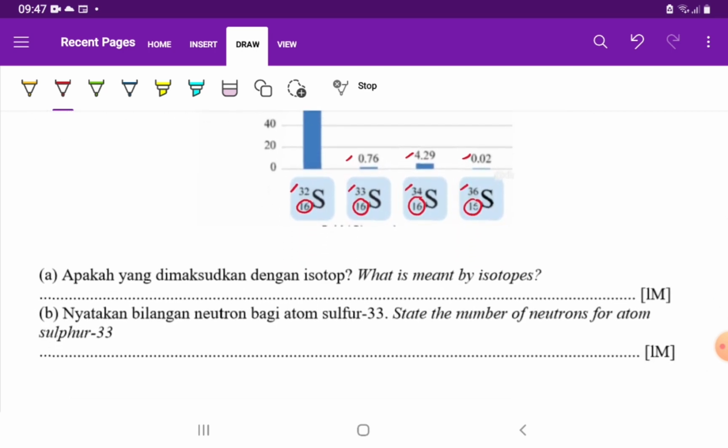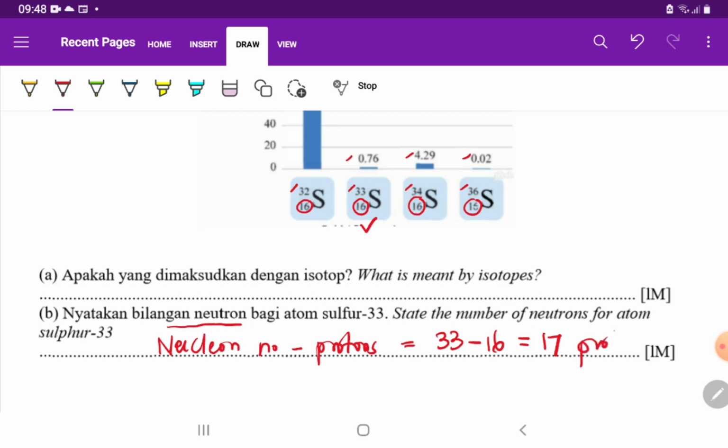Now, state the number of neutrons for atom 33. The number of neutrons is the nucleon number minus the protons. So that is 33 minus 16, you will get 17 neutrons.